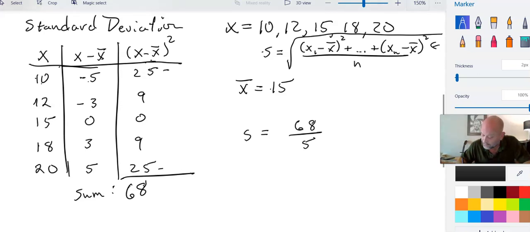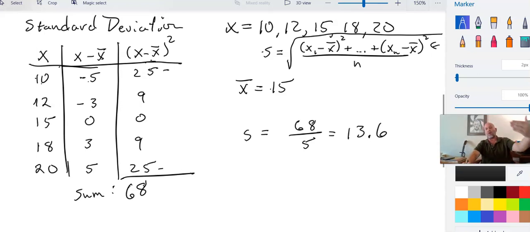Right, and so we'd want to do that division, and it's going to come out to, let's see here, that goes in 13, 3 left over, so it's 13.6 is our standard deviation, right? And you can check that. In fact, I should probably check that. 68 divided by 5. Yeah, it's 13.6. Okay, so we win. All right, so we get 13.6 for the standard deviation.